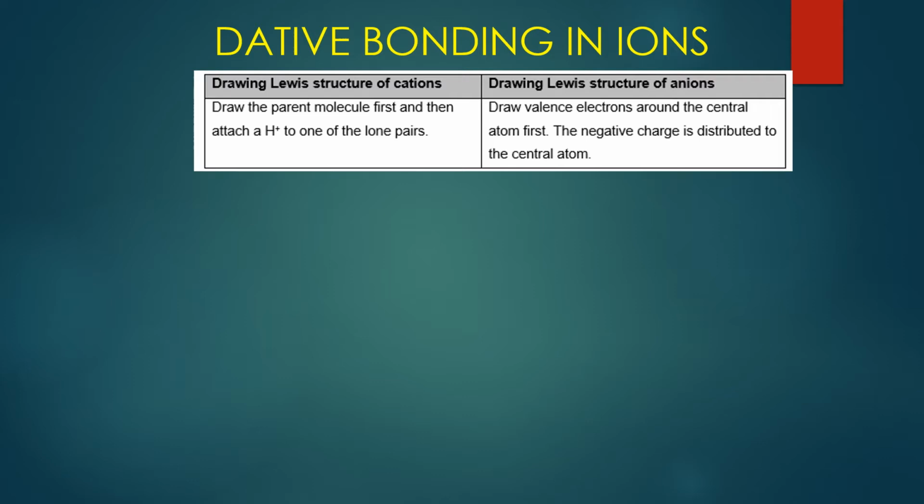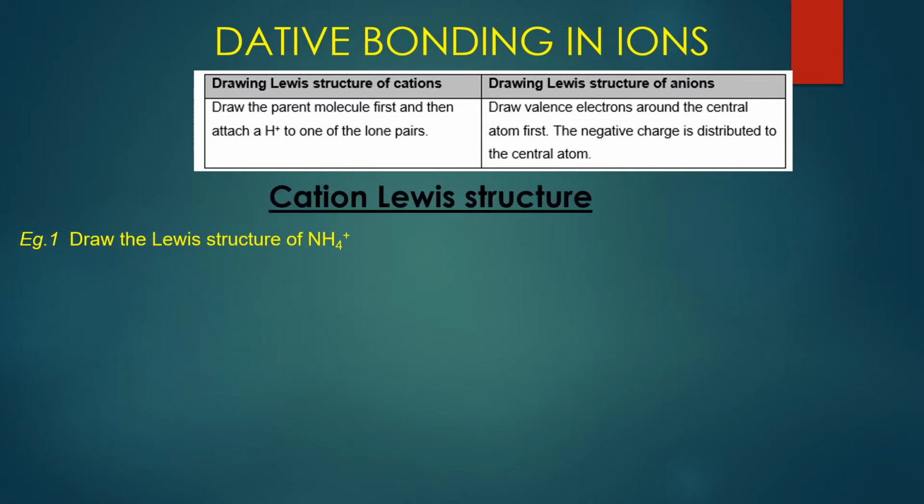A cation such as the ammonium ion is formed when ammonia combines with an H plus. H plus, or a proton, carries an empty orbital. It doesn't have any electrons. Therefore, it is in need of two electrons to become stable.